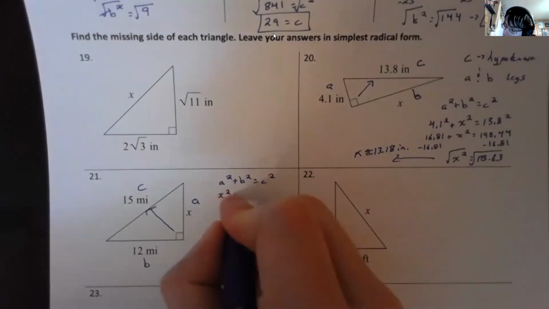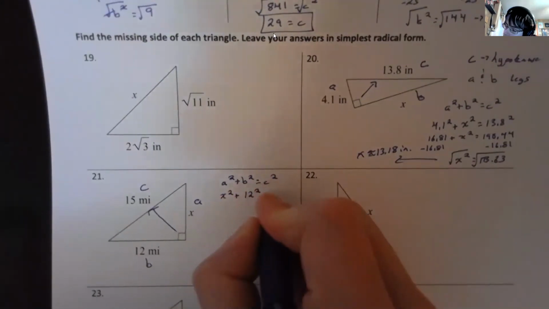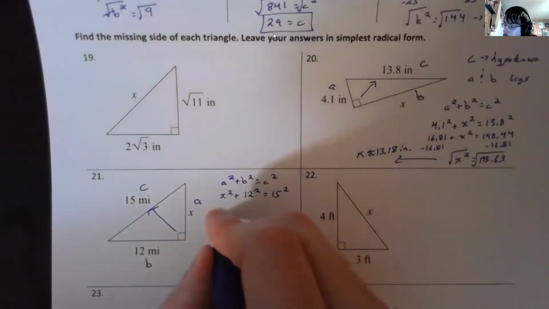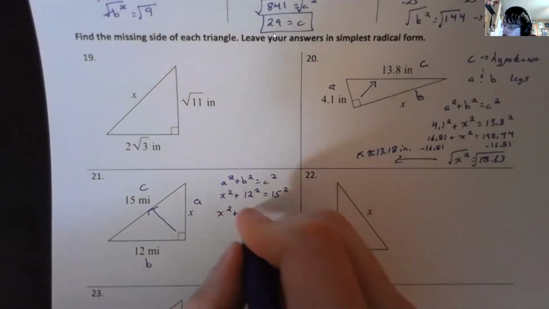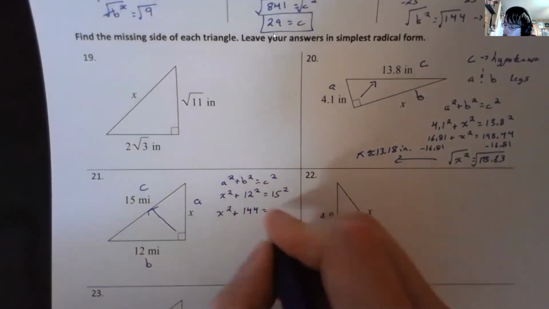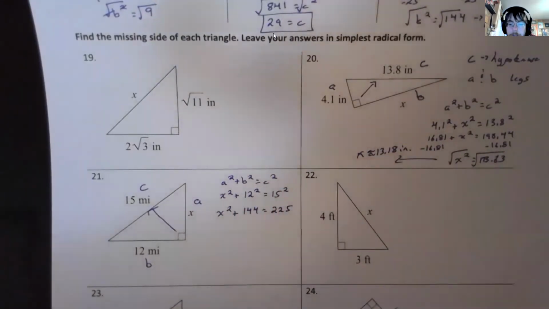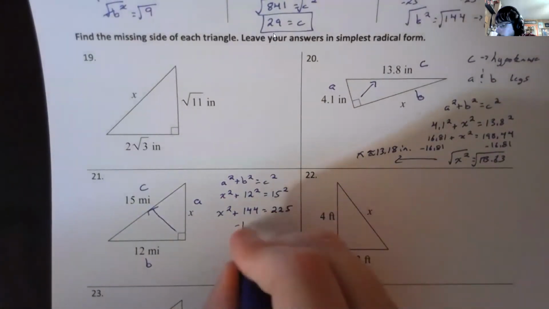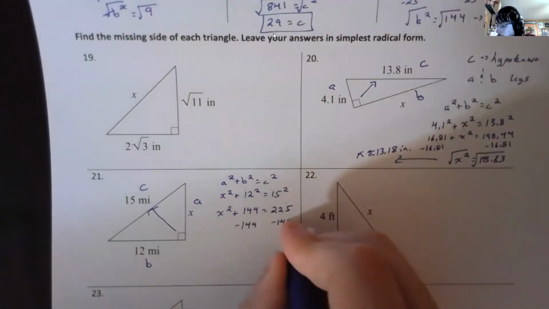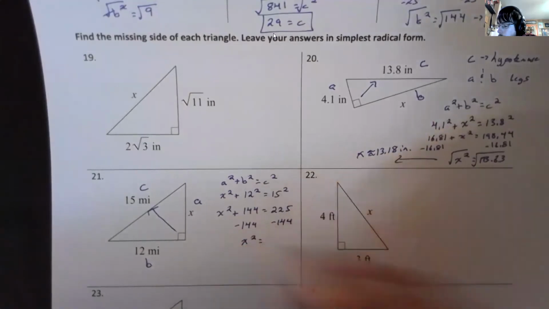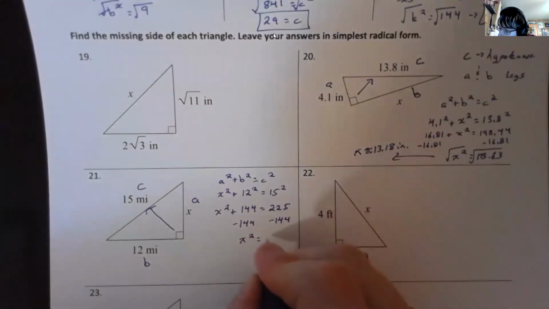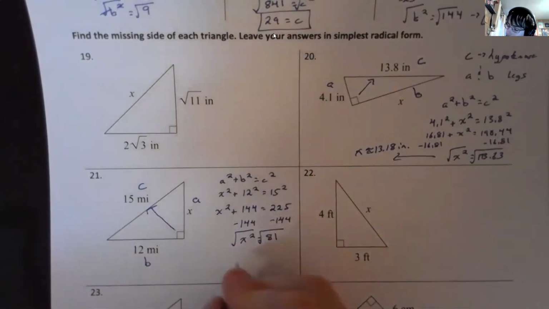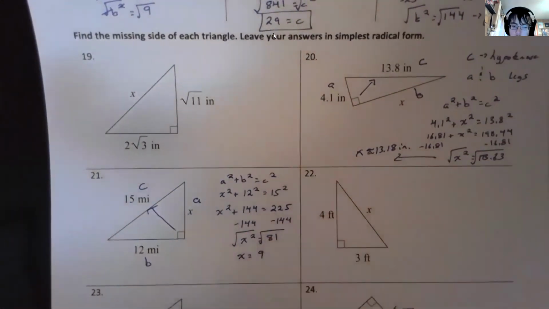So we have X squared plus 12 squared equals 15 squared. X squared drops down. 12 squared is 144, and 15 squared is 225. We have to get the x squared by itself, so we're going to subtract 144 from both sides. And you get that x squared equals 81. Square root both sides, and you get that x is equal to 9.